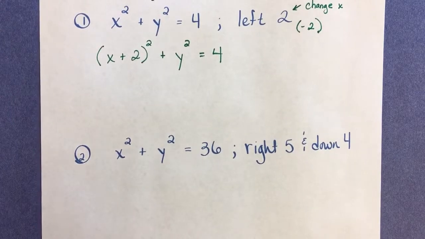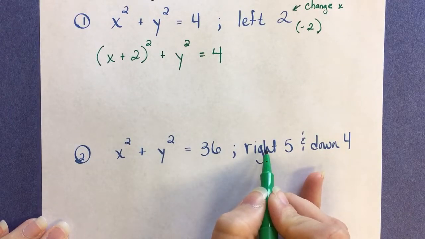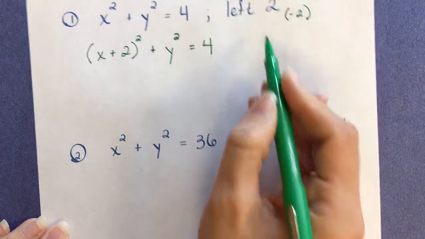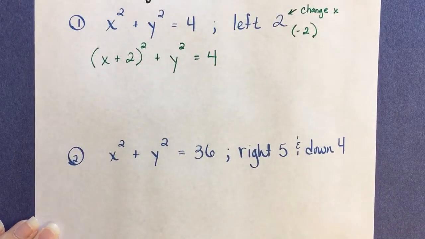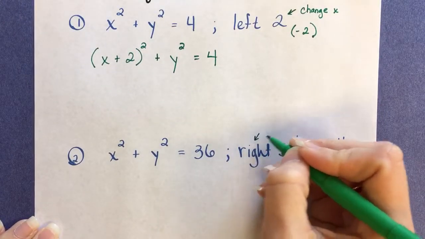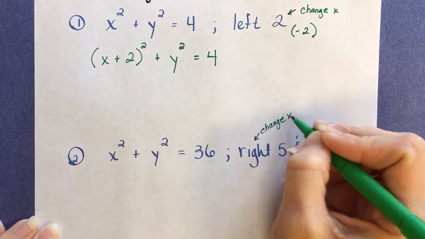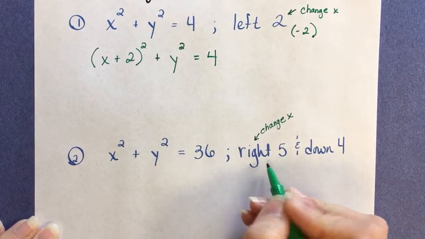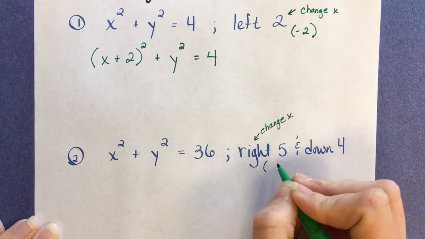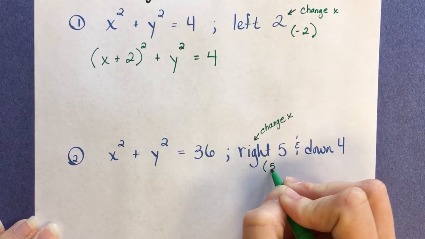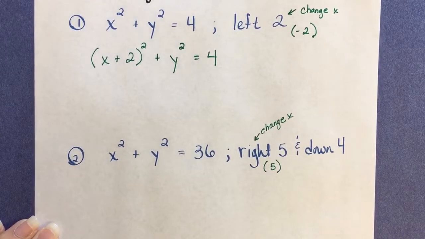Okay, so again, I've got a left or a right here. Of course, I did a left, so now I'm going to do a right. So this is going to change x, okay? But going to the right, we're going to think of as being a +5, okay? So going left you think of as negative, going to the right you think of as being positive.